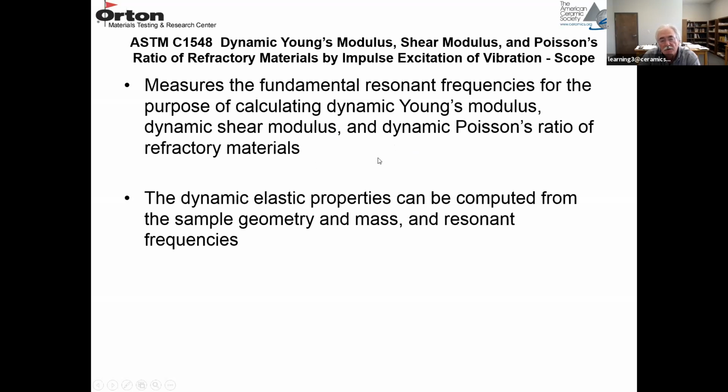If you do a measurement like that, it's called a static measurement because you're measuring it under a load. This is a dynamic measurement. There's no load on the sample, you're just vibrating it. It turns out when you load a sample, the static measurements are a little bit lower than the dynamic measurements. So the dynamic elastic properties can be computed from the sample geometry, the mass of the sample, and the frequencies of vibration.